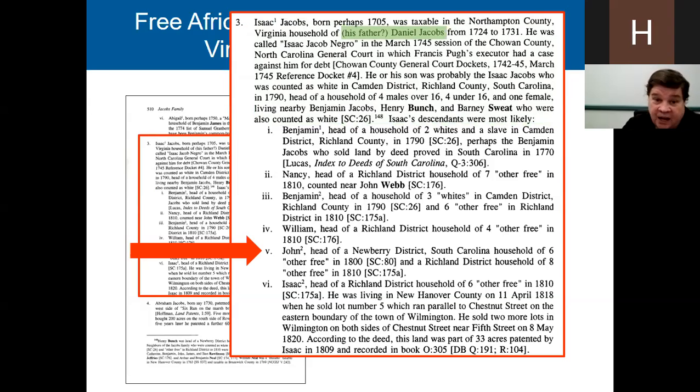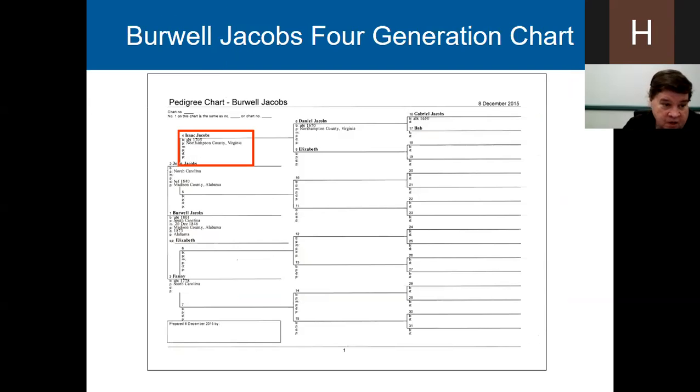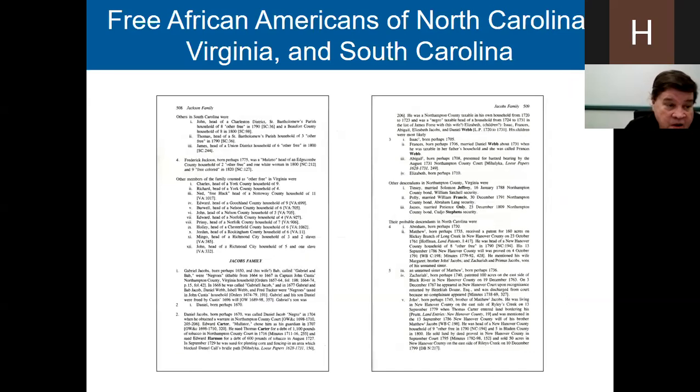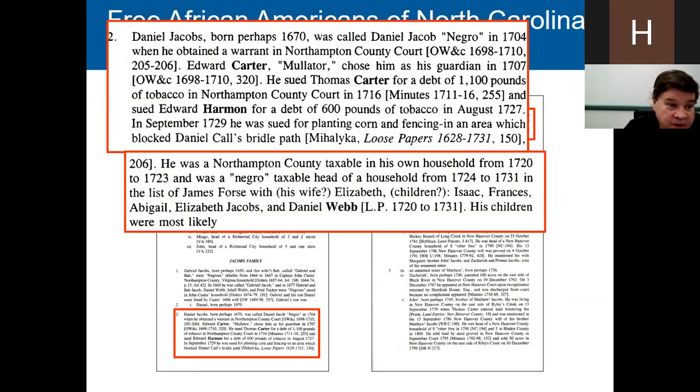His father was Daniel. So we know Isaac is the father, and we know Daniel would be the grandfather of Burrell, born about 1670 in Northampton County, Virginia.